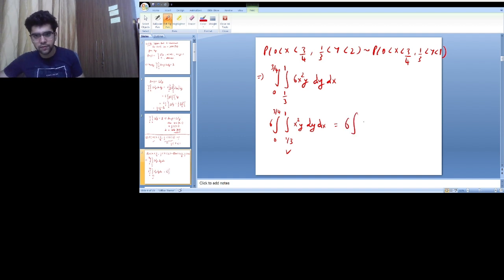Let me write this again: x square outside, with the bracket from 1 by 3 to 1 of y dy, and this is dx.